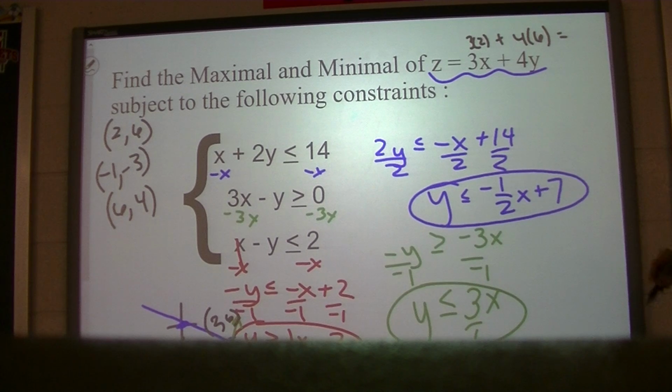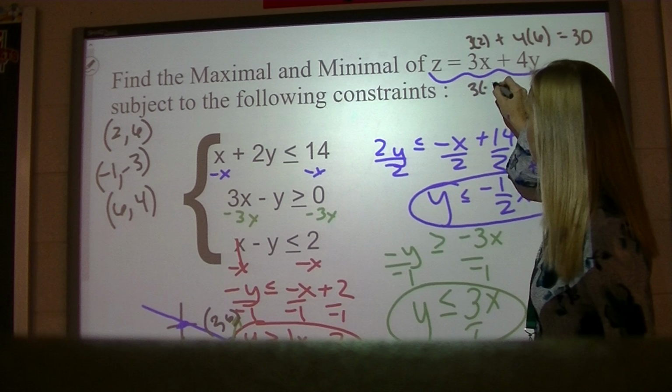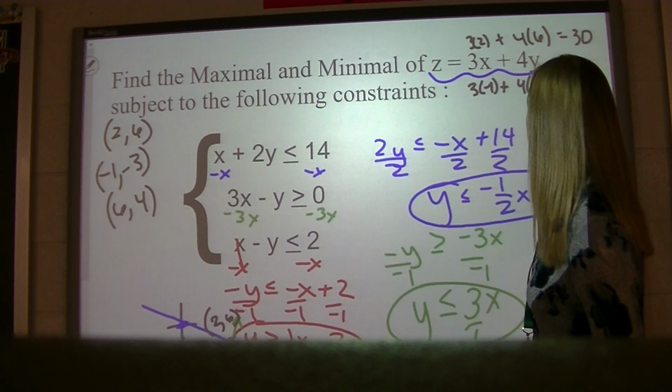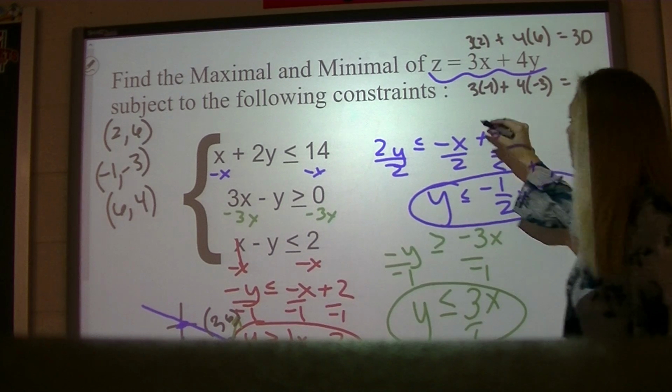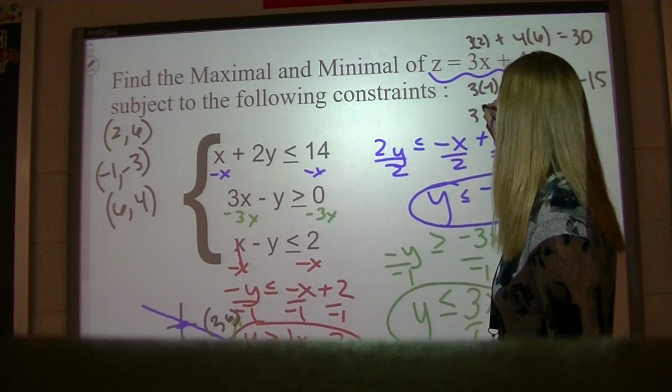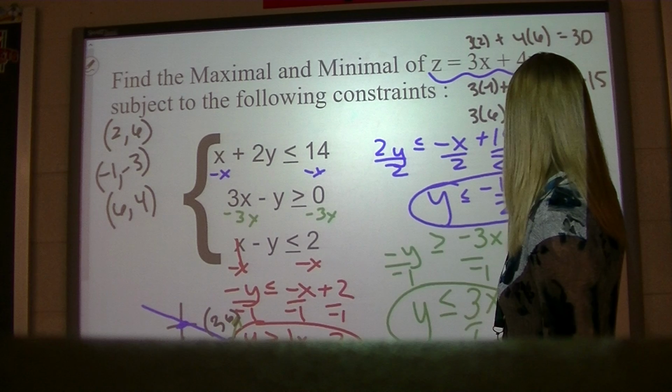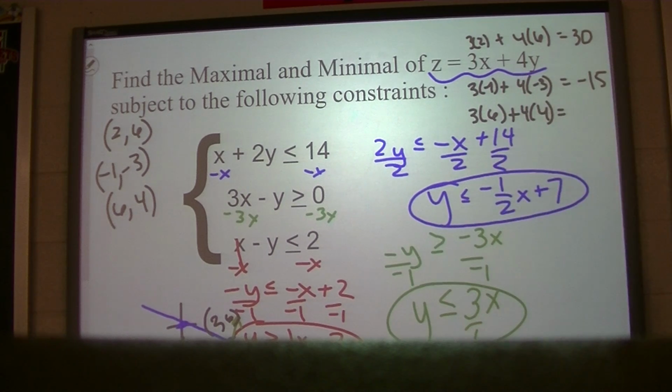And that gives me 6 plus 24, so that gives me 30. And then I have 3 times -1 plus 4 times -3. And that gives me -3 plus -12, which is -15. And then I have 3 times 6 plus 4 times 4. 3 times 6 is 18. 4 times 4 is 16, 18 plus 16 is 34.